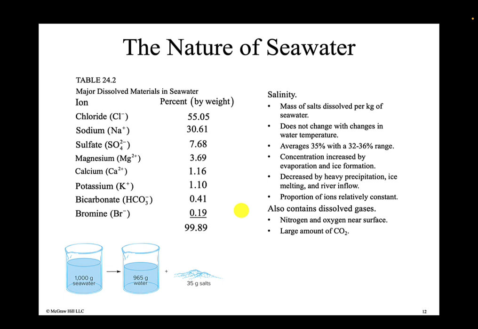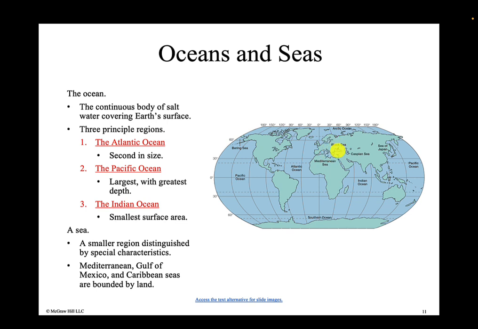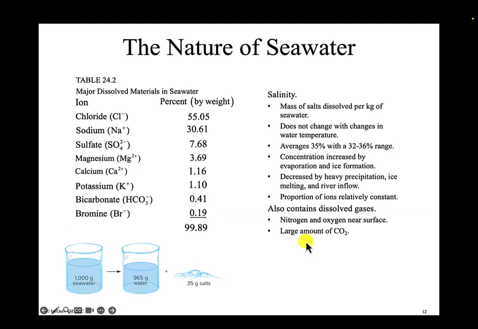Okay, most of the sea salt is about 3.5% salt, so that means that 35 grams of 1,000 grams of water would be salt. Okay, but there are other areas where this percentage can be higher or lower, such as the Mediterranean Sea, right? So this is an area where the salinity is really, really high, and that's just because of the currents that bring water out and in back to the Mediterranean Sea.